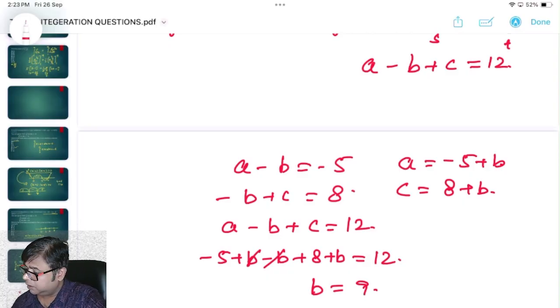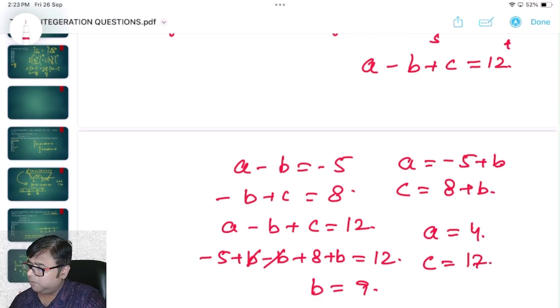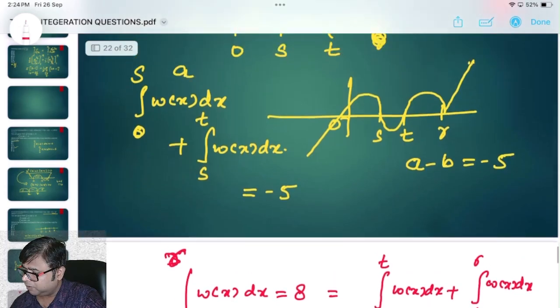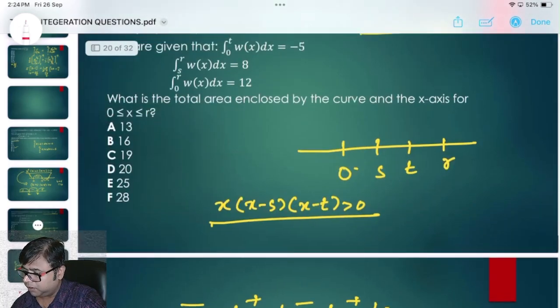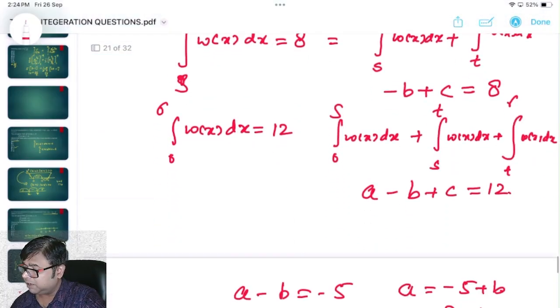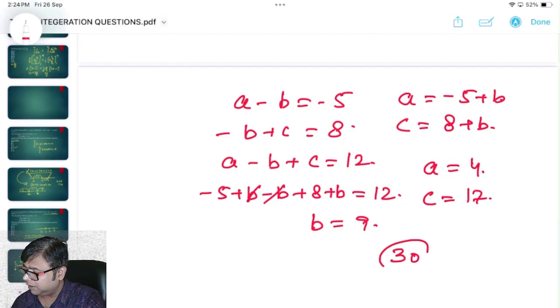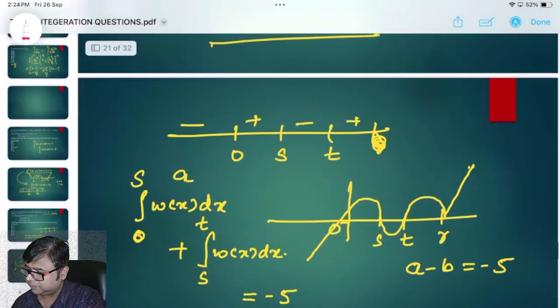Once I have B, A will be minus 5 plus 9, which is 4, and C will be 8 plus 9, which is 17. Now the area enclosed cannot be negative, so I have to add all of them. It will be 4 plus 17 plus 9, which gives me 30. So 30 is the correct answer.